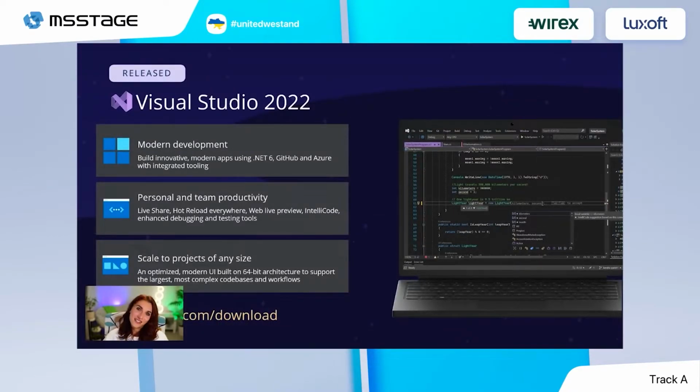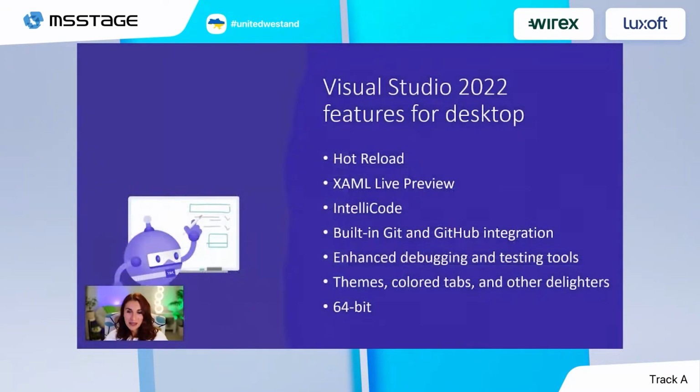All right, also we released Visual Studio 2022 that has so many great features for desktop developers. It's hot reload and XAML live preview that I'm gonna show you in my demo. It has IntelliCode improvements such as whole line completion, suggestions for common code refactoring on the fly.